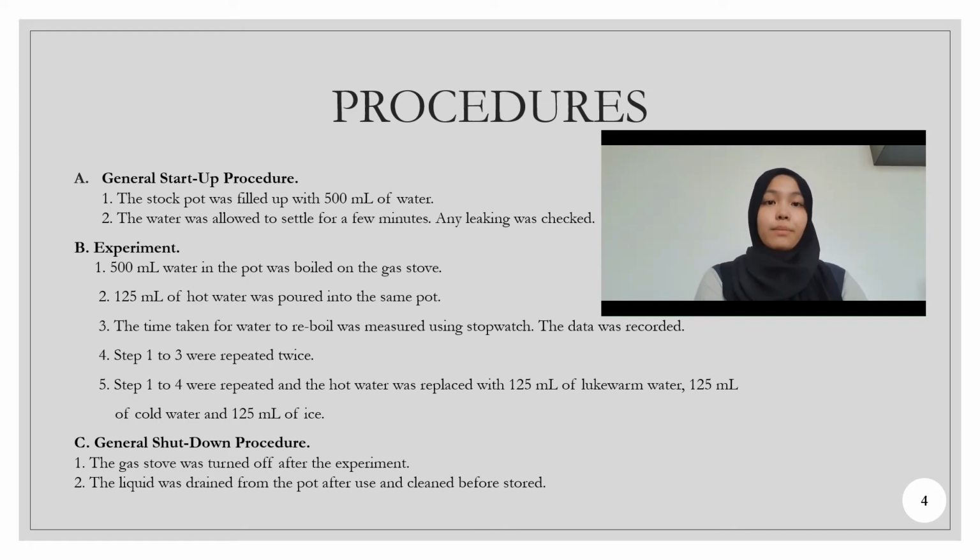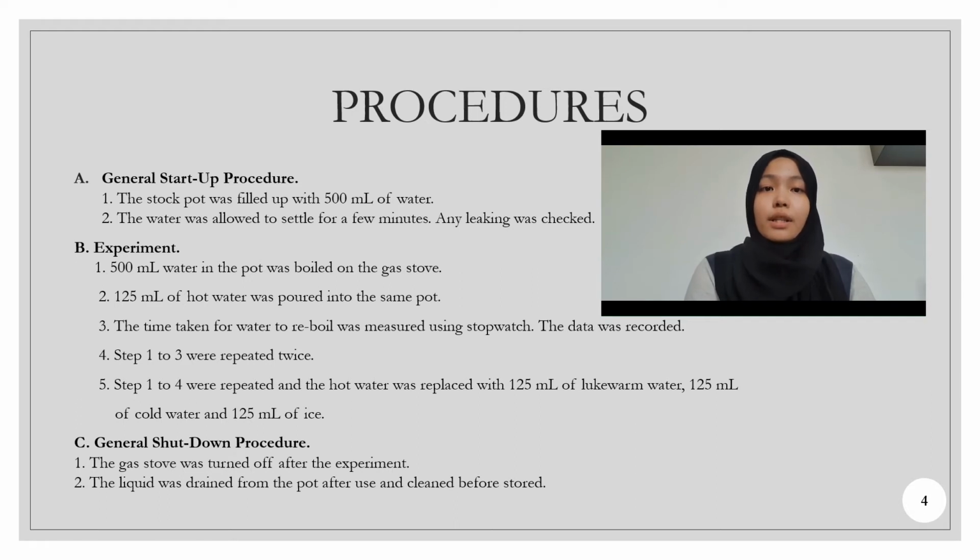As for the experiment, the first step was 500 ml of water in the pot was boiled on the gas stove. Second, measured the temperature of 125 ml of hot water and poured it into the same pot. Third, the time taken for water to reboil was measured using a stopwatch. The data was recorded.